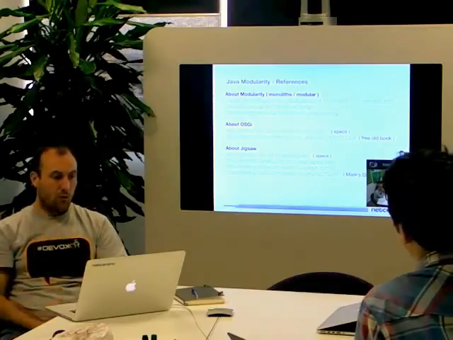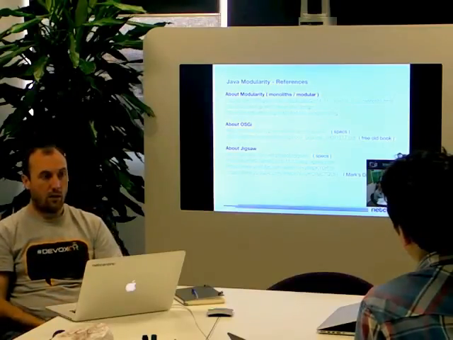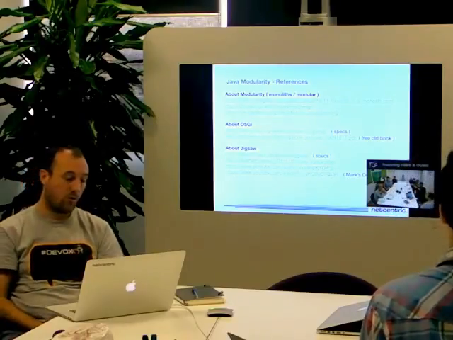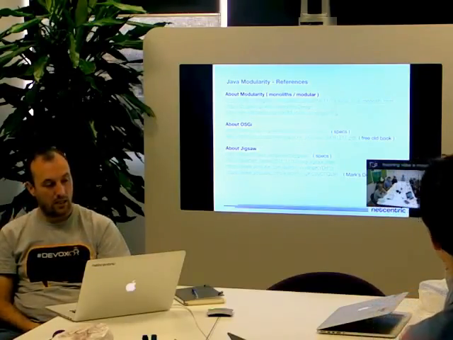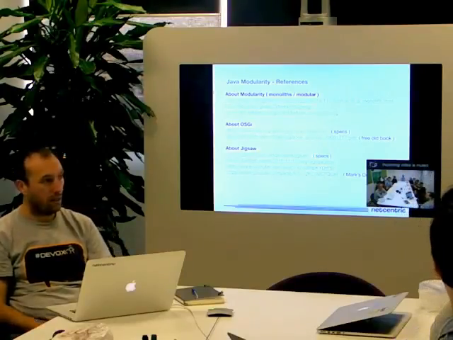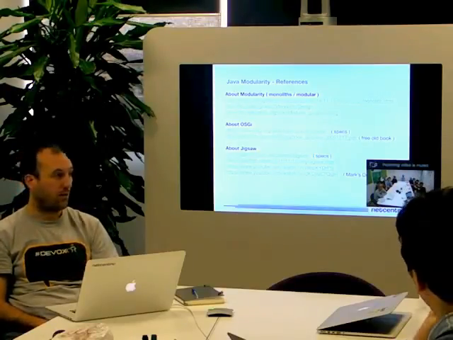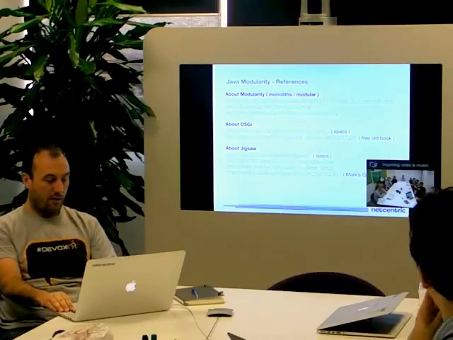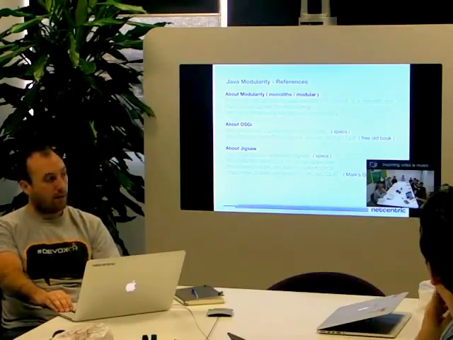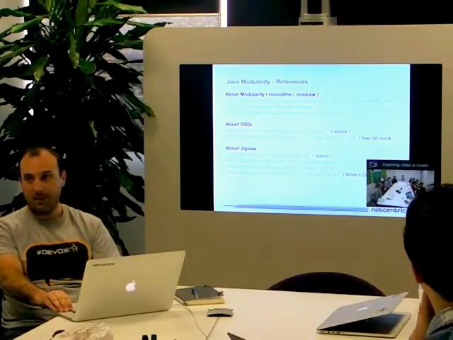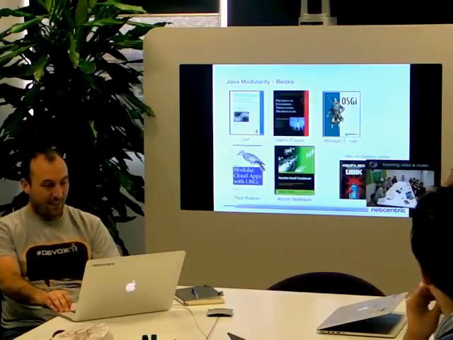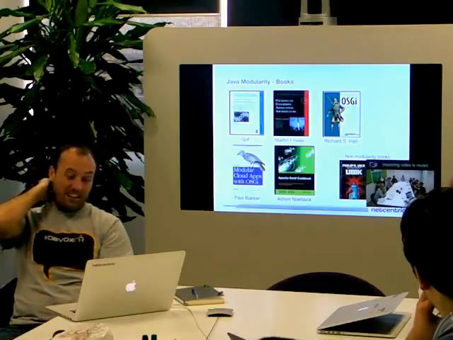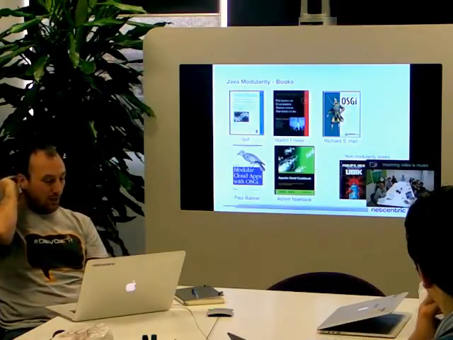Here I give you some URLs that you can use to get more information, and the last link is the Mark Reinhold talk at DevOps 2015 that we attended. Maybe it's a little boring, but you can get a lot of information. And then a few books.